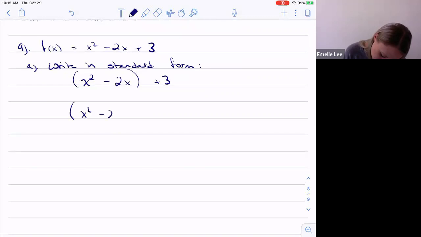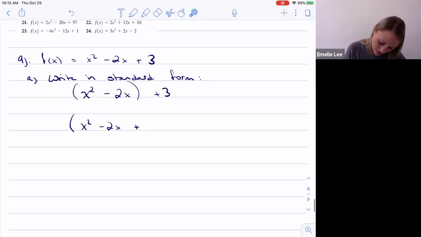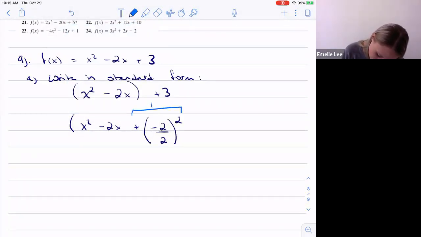So x squared minus 2x plus, and then b in this case is negative 2. So plus negative 2 over 2 squared. So here what I'm doing is plus b over 2 squared. And then minus negative 2 over 2 squared.